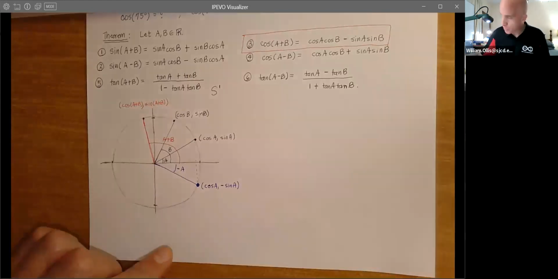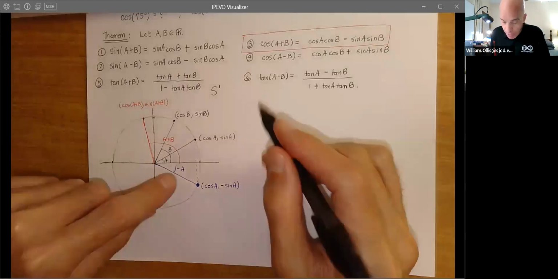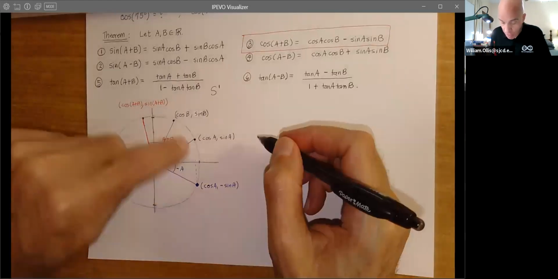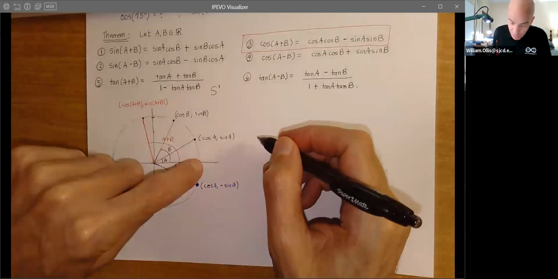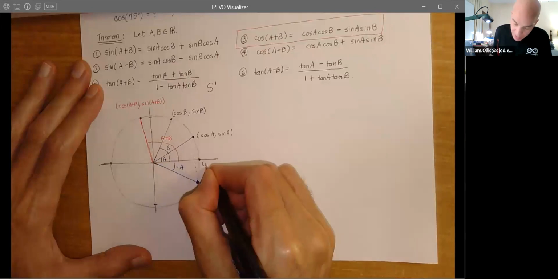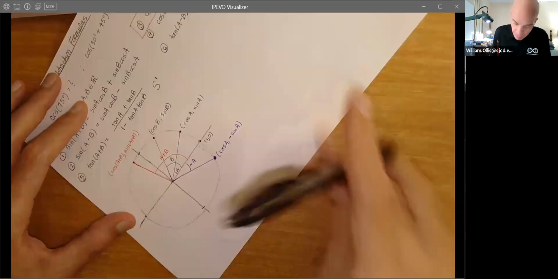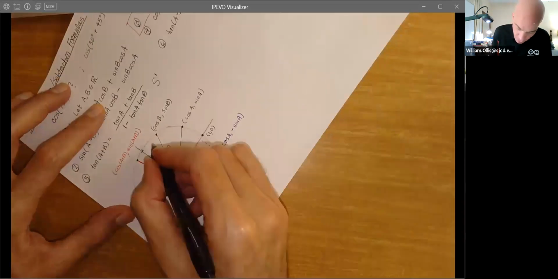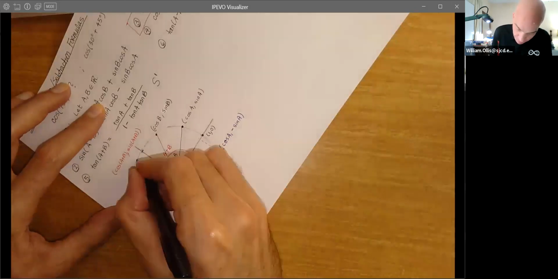Now what we can do is notice that here we have the arc distance A plus B, and here we have the arc distance A plus B. And also, let's just go ahead and note that this point is (1, 0). That's the easiest point on the circle. So now what we can do is connect the arcs that are equal, or the chords that subtend them.